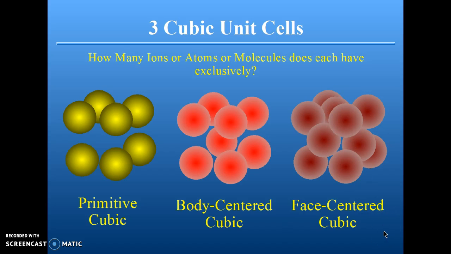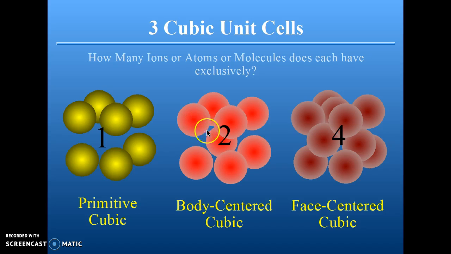How many ions or atoms or molecules does each one of these have exclusively? Well, if you consider all of these are on a corner, then each one counts 1/8, and so 8 times 1/8 is 1.